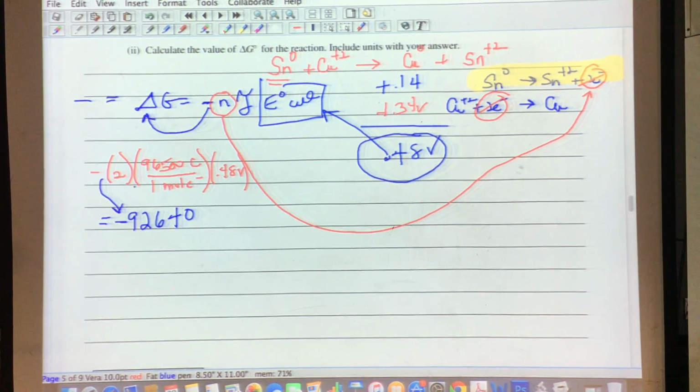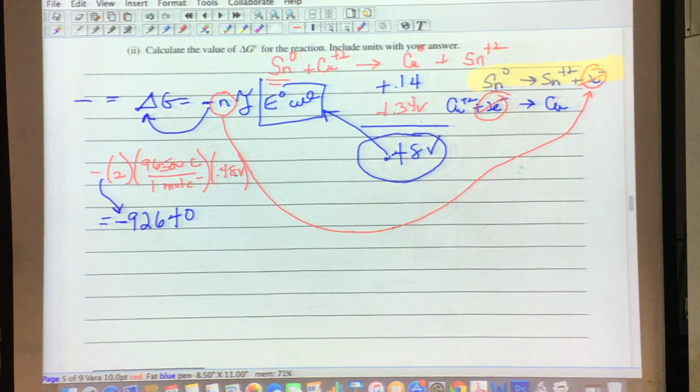Now, you may say, how in the world do we get joules out of this? The key here is that this is coulombs. Coulombs is charge, and this is volt. Now, volt is actually a what?